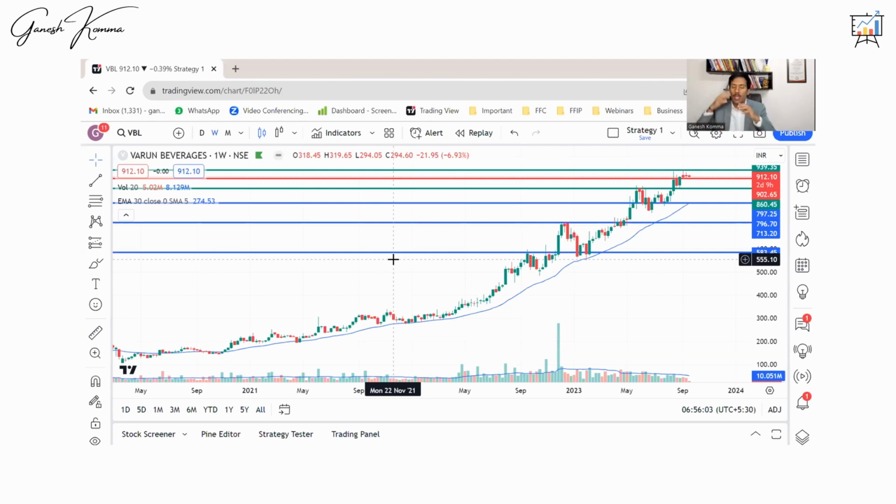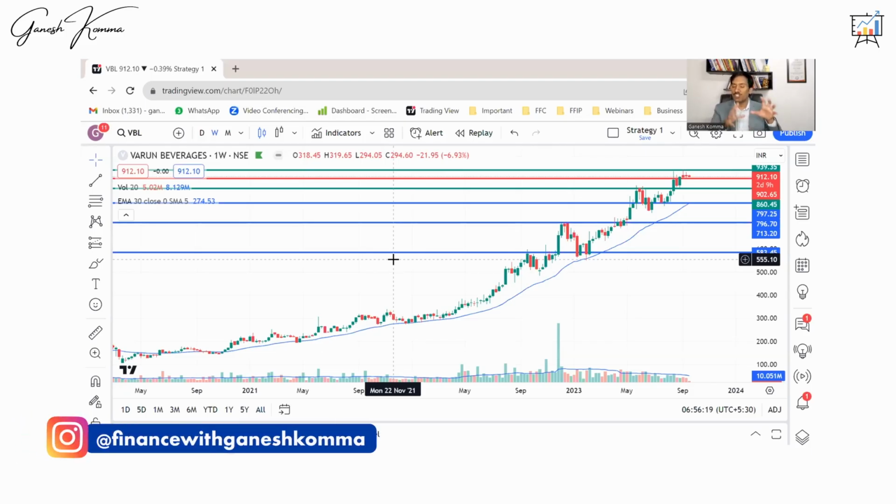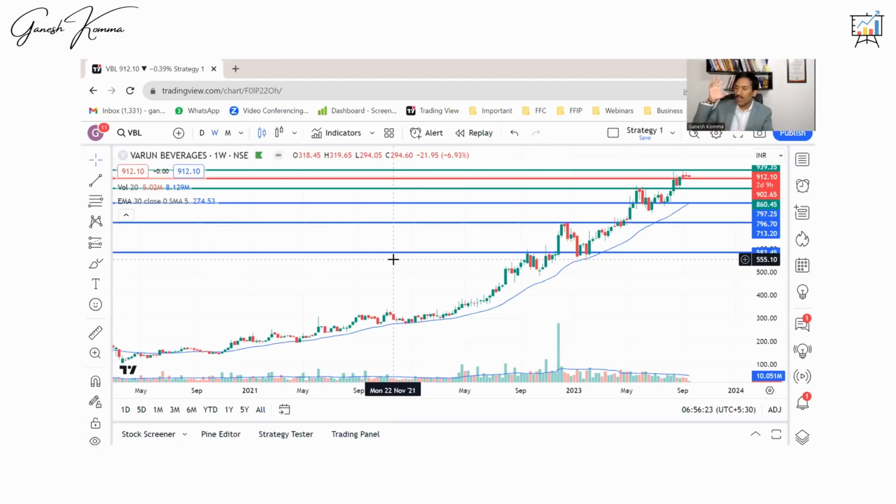Normally what I do, even if it's a long-term company, if it is going below EMA 30, I'll be very, very cautious. Either I'll reduce the position. If I have a 6% position in my overall portfolio, let's say my portfolio is 1 lakh, so 6% means 6,000.